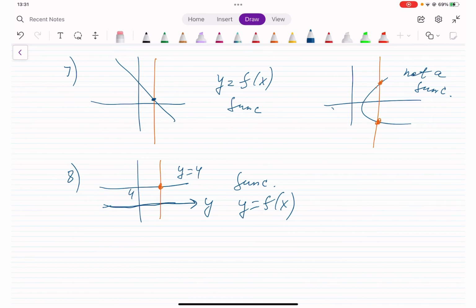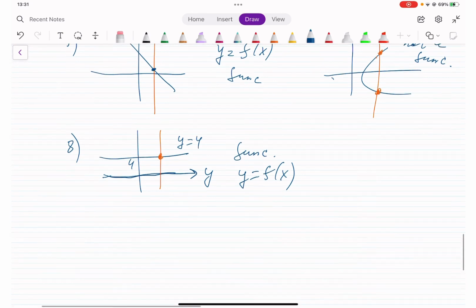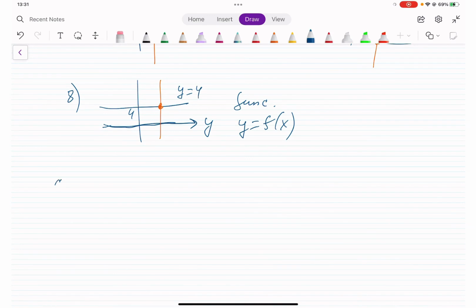Number 9. What do we have with number 9? Let's see. Find the slope of the line passing through the pair of points. Okay, we need to find the slope. We have 9 and 2 and negative 9 and 2.